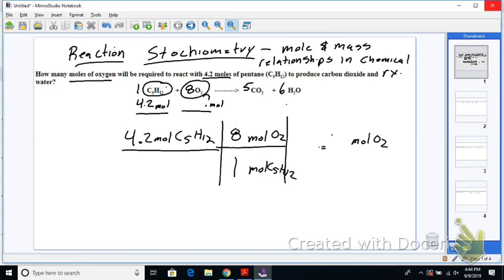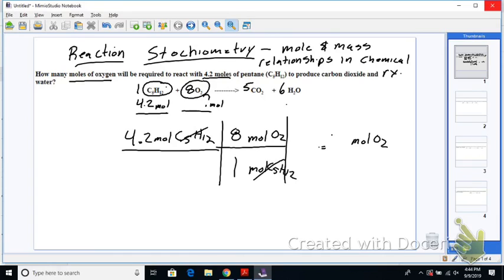Now, if I want to find the moles of oxygen, I just multiply the 8 times the 4.2. My units cancel out, just like conversions, those units cancel out as you go. And when you get an answer, pay attention to significant digits. I have 2 in my measurement.